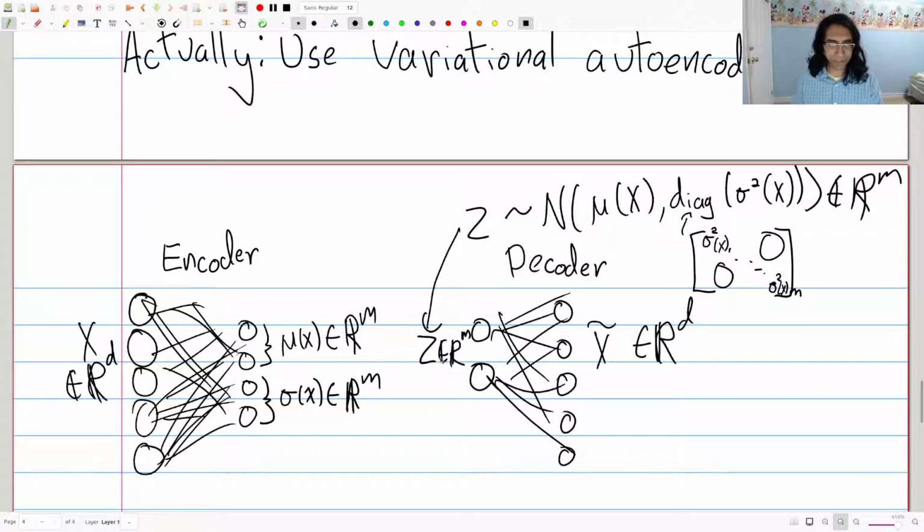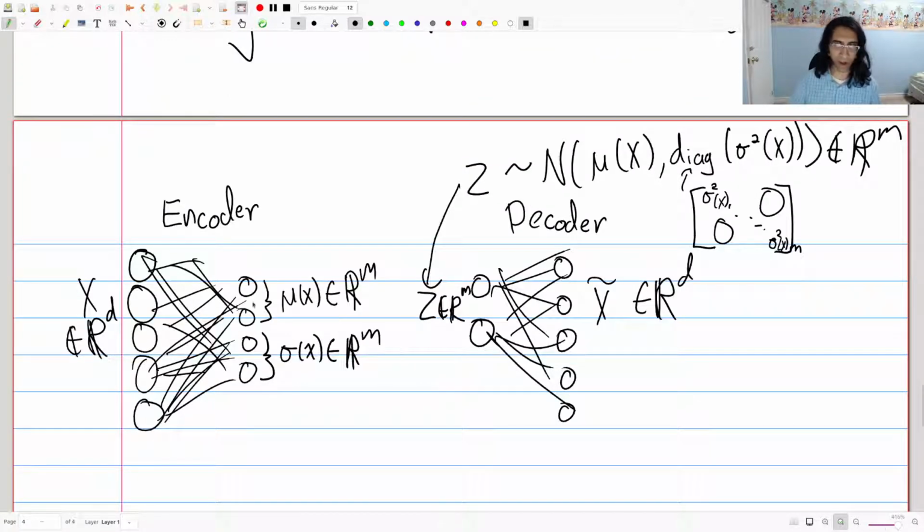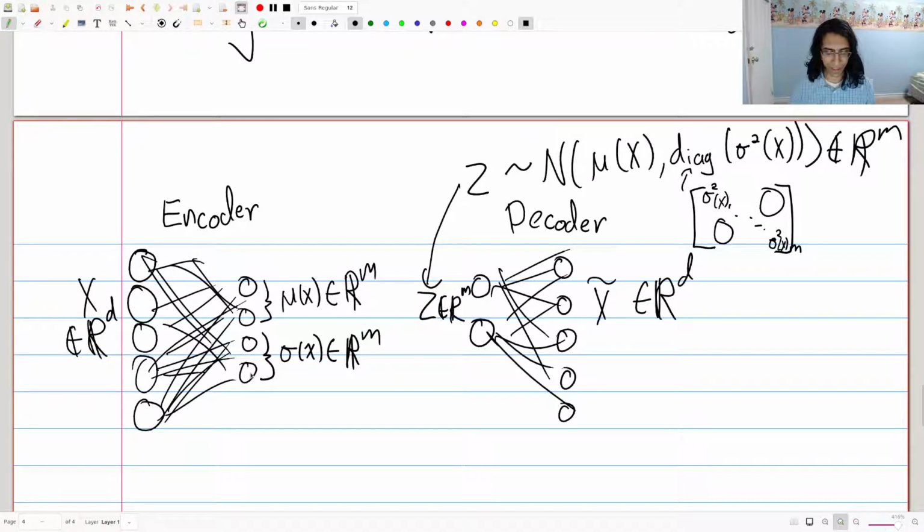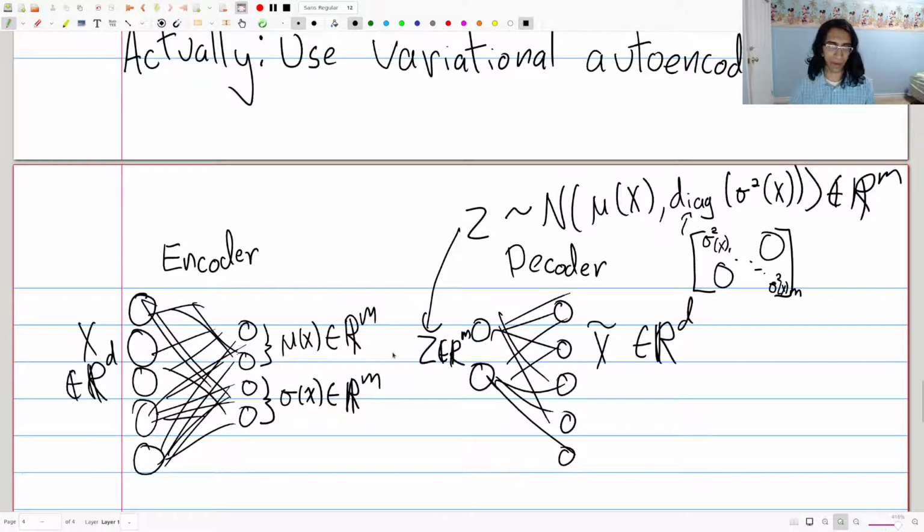So like I said, this is going to be a little bit funky. This is a bit odd for you maybe because it's a neural network, but all the neural networks we've seen before are essentially deterministic. The sampling step in the middle is what makes this a randomized procedure.